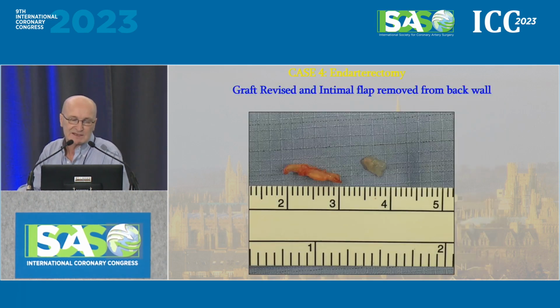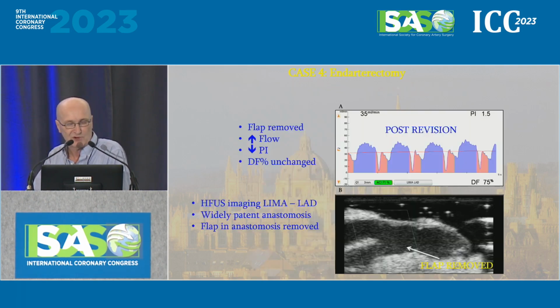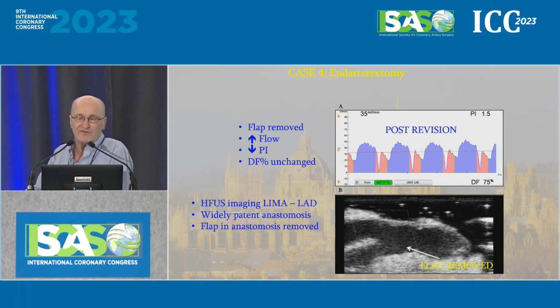So we revised it, and you can see on the right-hand side of this image the flap that we removed from the posterior wall. And now when we look at the flow, it's gone up to 35 mils per minute. The PI has come back down to 1.5. And you can see with the ultrasound imaging that the anastomosis is widely patent and the flap has gone.